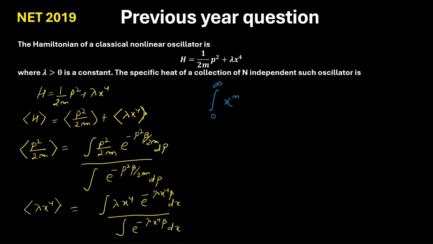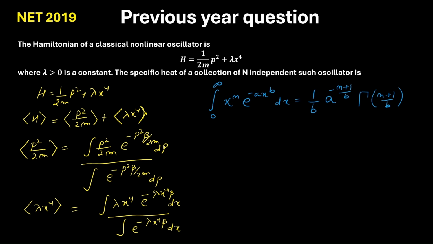So this is the general formula, x to the power n e to the power minus a x to the power b dx. This integration is given by 1 by b a to the power minus n plus 1 by b into gamma function of n plus 1 by b.